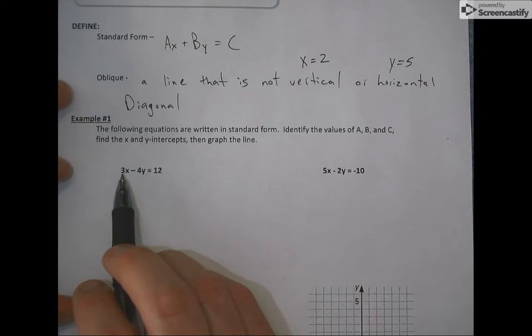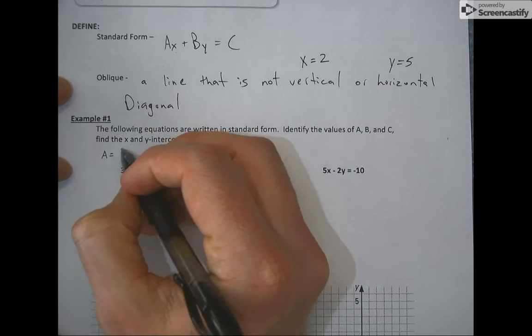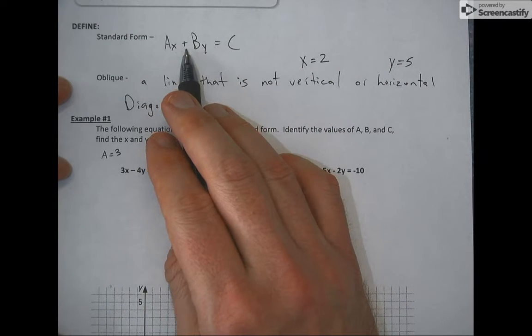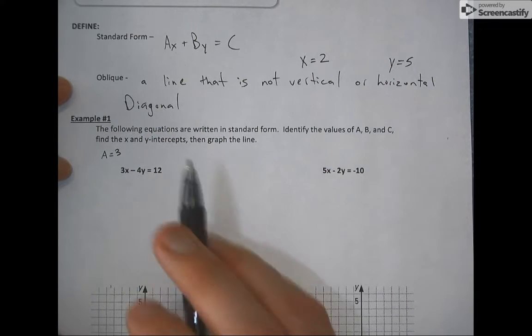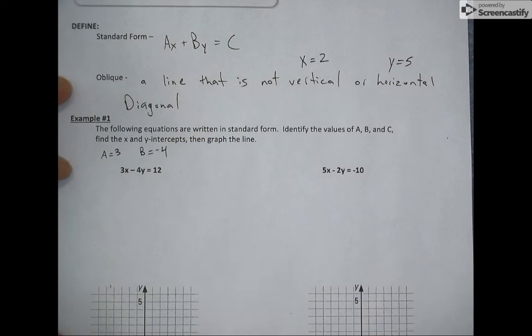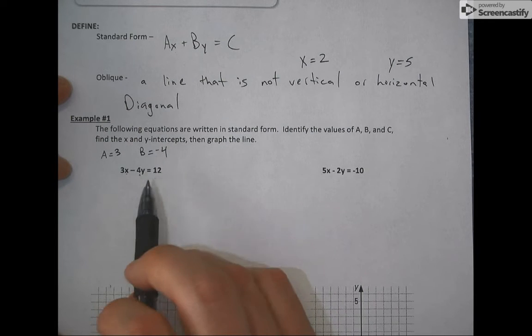All right, so we're going to identify our a, our b, and our c. A is 3. Notice standard form is supposed to be a plus, so when I see a minus, that actually represents a negative number. So our b is -4. We're going to have the x and the y on the same side of the equal sign if we're in standard form.